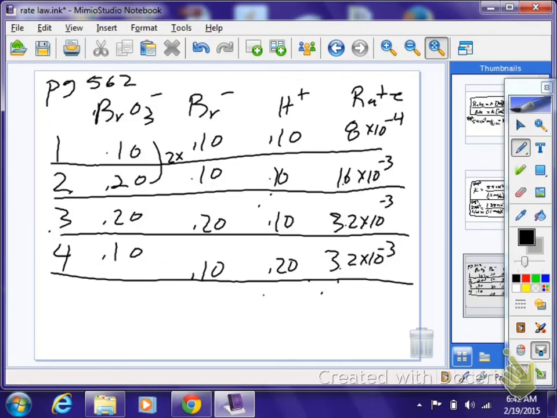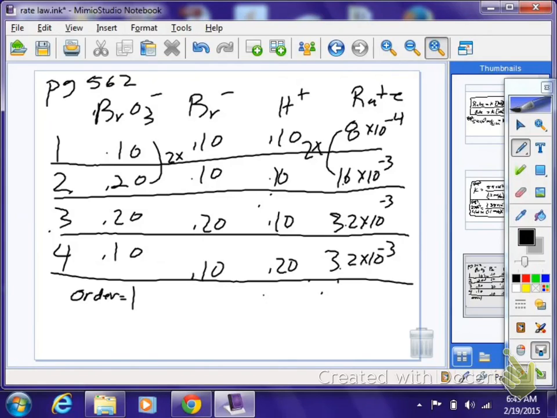So it's 2 times. You can kind of see without plugging the numbers in, which I'm not going to do this time, when we look at those rates for 1 and 2, 1.6 to the minus third divided by 8, it also doubles. If that's the case, then BrO3 is an order of 1.